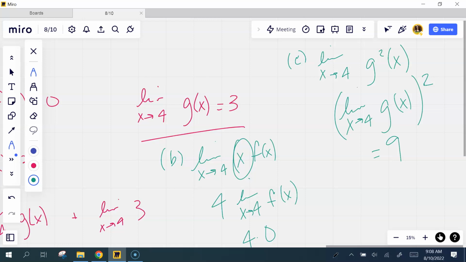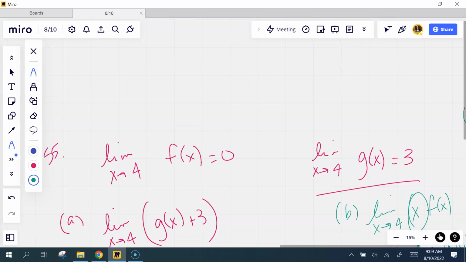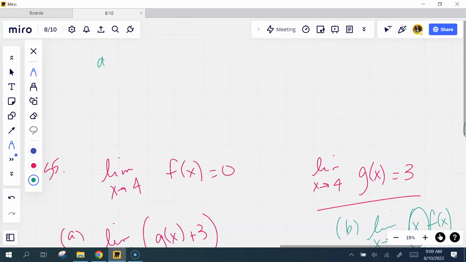Then the last one, I'm going to need some parentheses here. Limit as x goes to 4 of g of x over f of x minus 1.